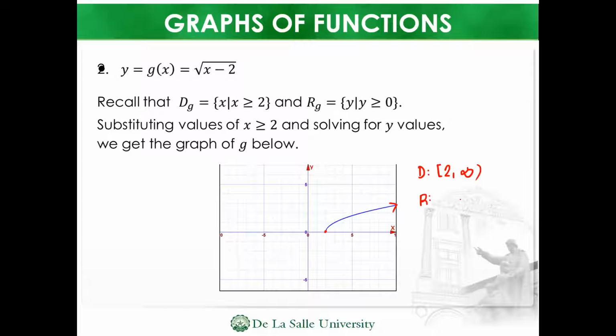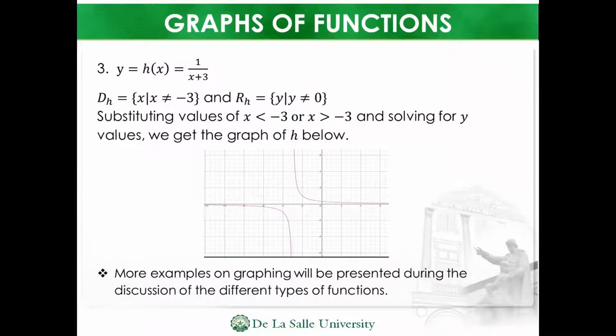Therefore, I can say that it starts from y equals 0 and it goes up. So from 0 going up. But does it include 0? Yes. Therefore, from 0 up, that's your domain in set notation, it's this one. In set notation, the range of the graph is this one. This is, again, a radical function.